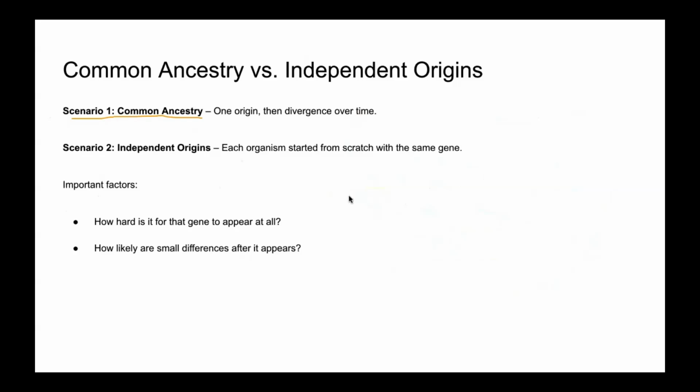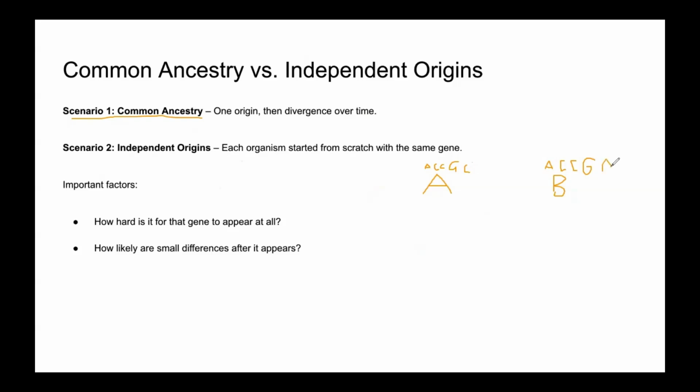In the second scenario, this is going to be separate origins, right? So species A and species B. And let's say again, species B has the genome sequence ACG, and A, G, and then let's give this a C after.